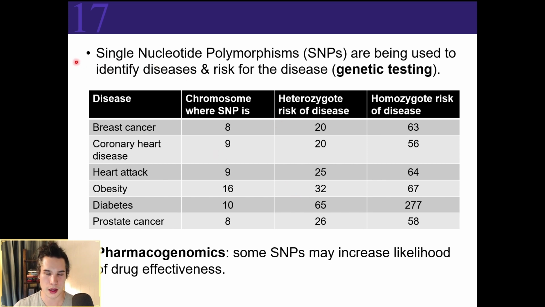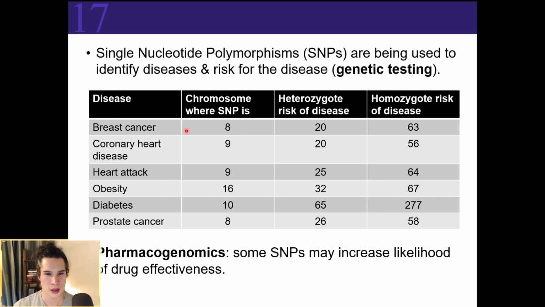All right, and then just to recap everything and see the bigger picture here. Your single nucleotide polymorphisms could actually be used to identify disease and risk for disease. So we could run genetic testing to determine a person's propensity to develop a disease, for example.